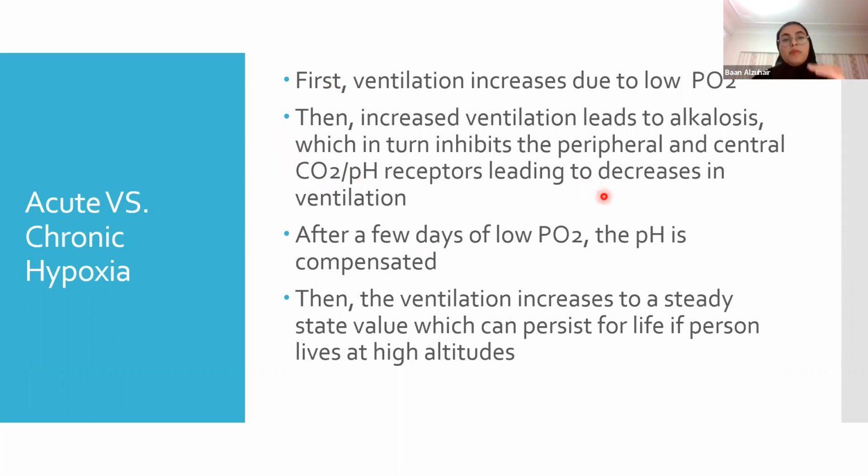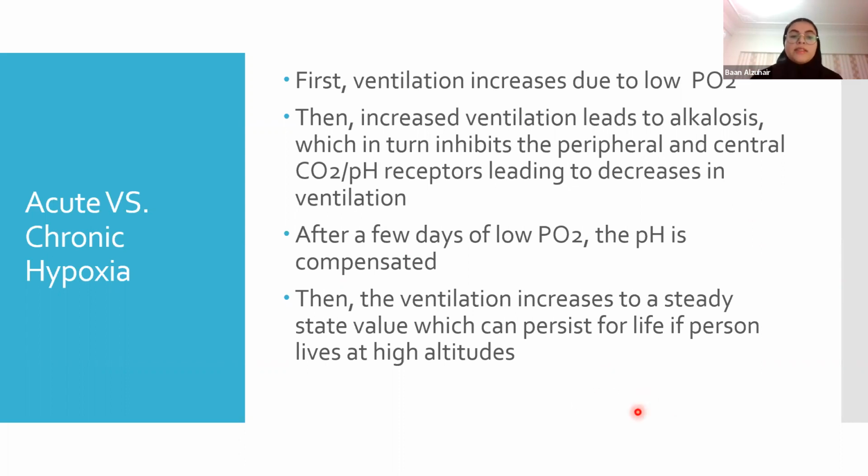But if this hypoxia continues for more than a few days, the pH is going to be compensated. By whom? By the kidney. Then the ventilation increases to a steady rate, and that steady state can persist for life. Let's say you're living on Mount Everest.